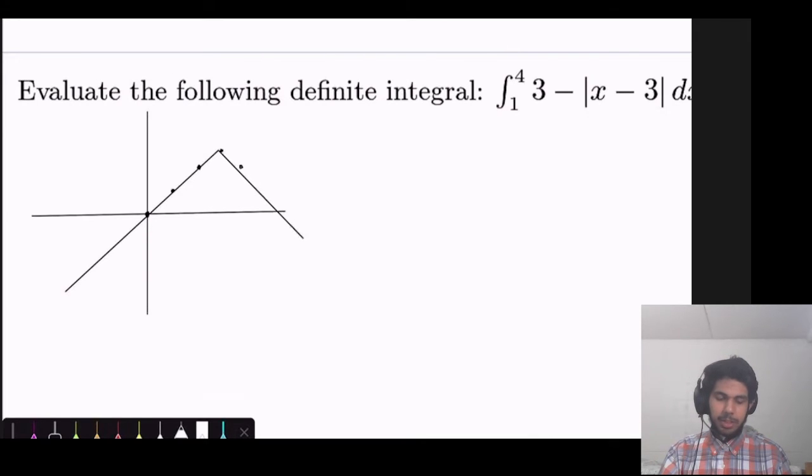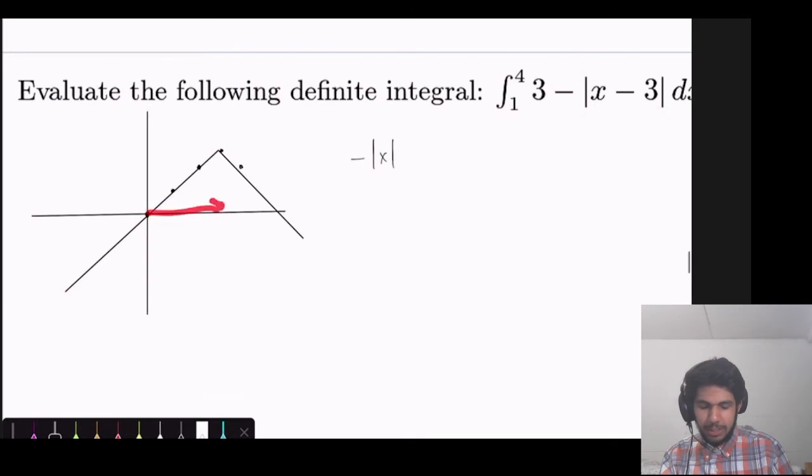And I guess a better way of thinking about it is that there's some shifting of the absolute value graph. You can consider the graph of negative absolute value of x, and what we're doing is shifting it right by 3 and shifting it up by 3.